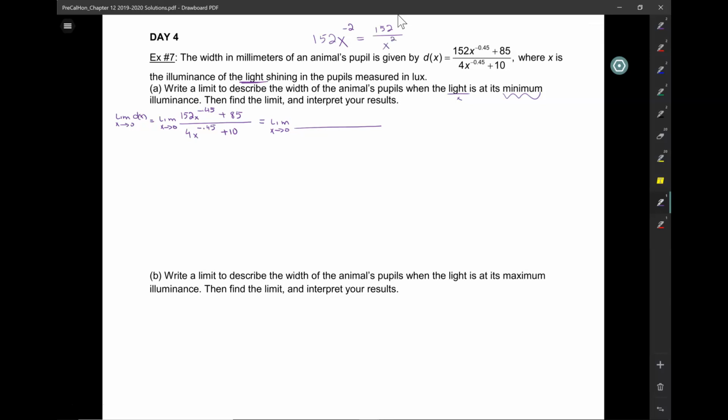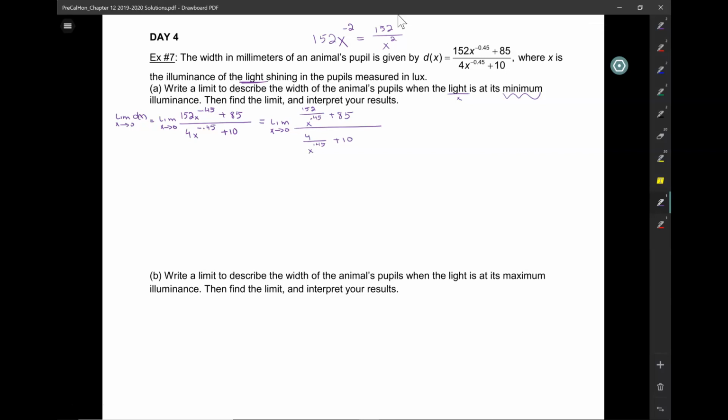So if I have 152 x to the negative 0.45, that's 152 over x to the positive 0.45 plus 85. And same thing here. Now we have 4 over x to the 0.45 plus 10.